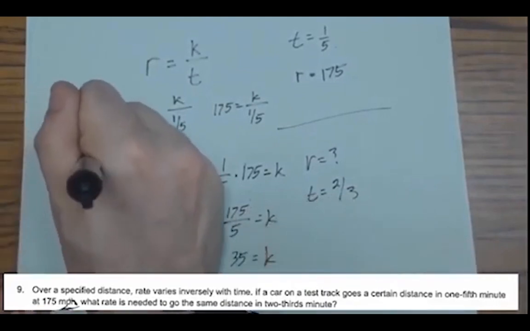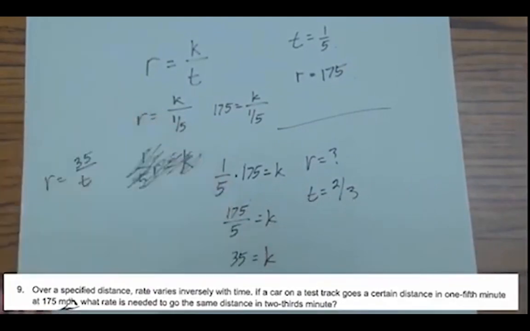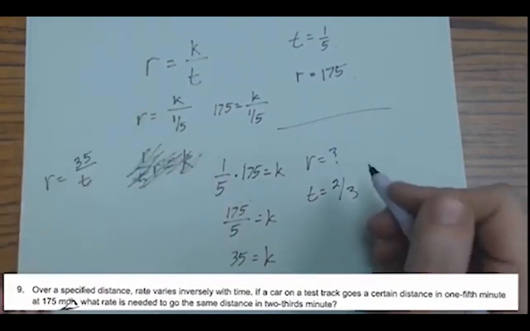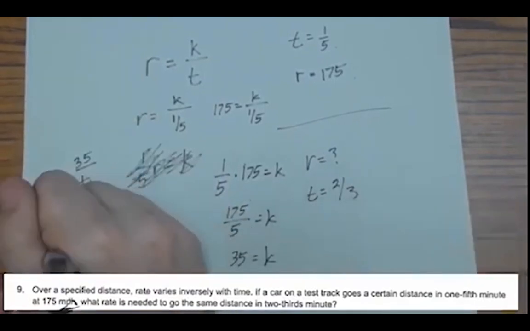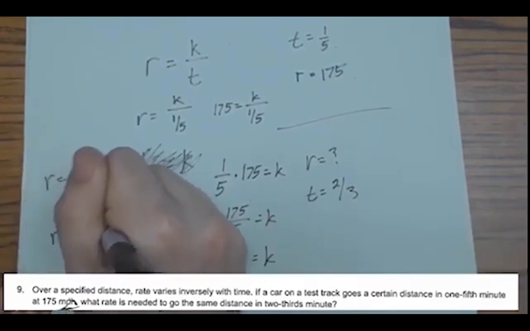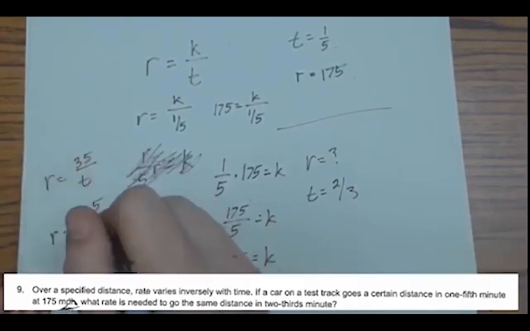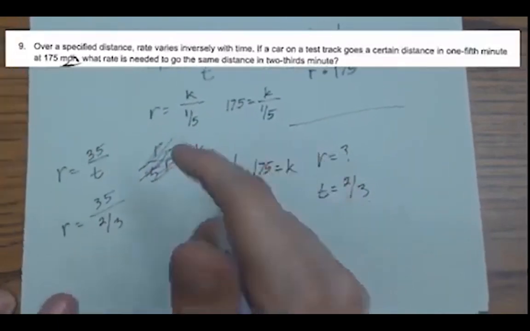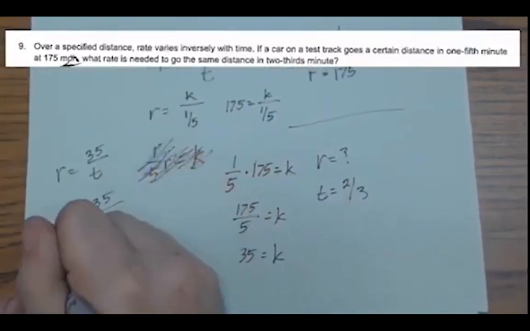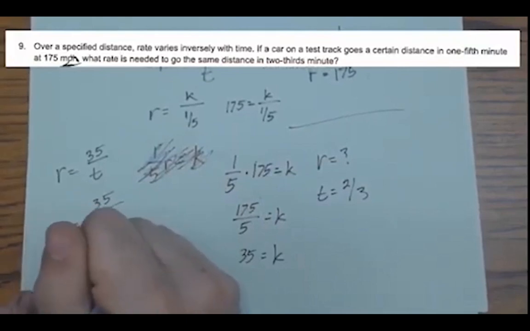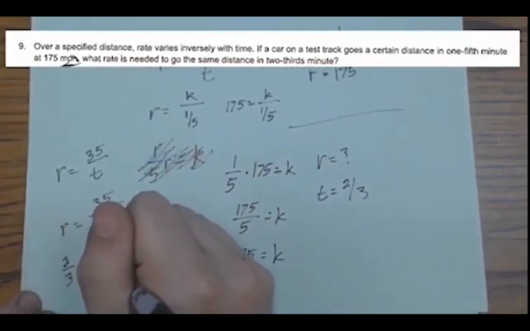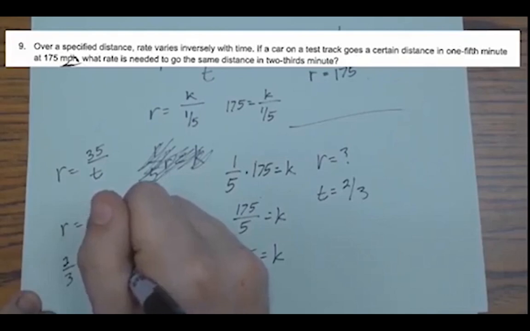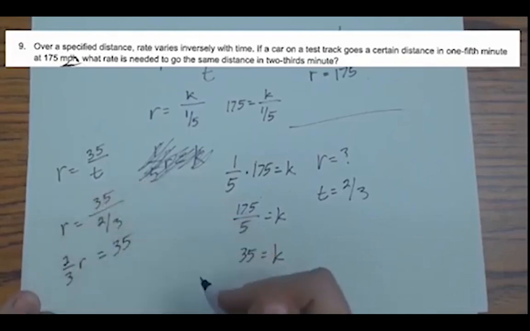R equals 35 over T. What is R when T is 2/3? Again, since we're dividing by 2/3 and we want to undo that, multiplying both sides by 2/3 will do that. 2/3 R equals 35.